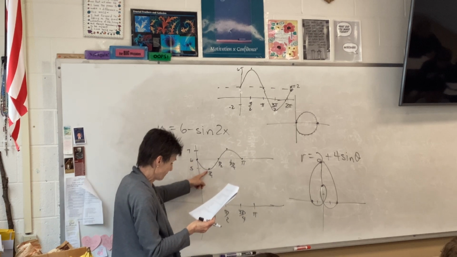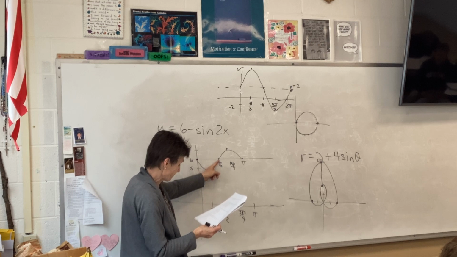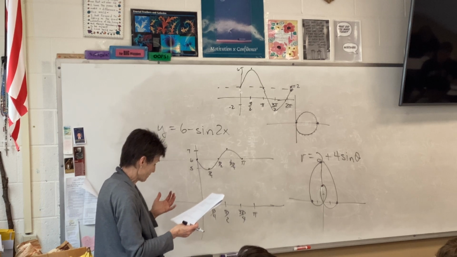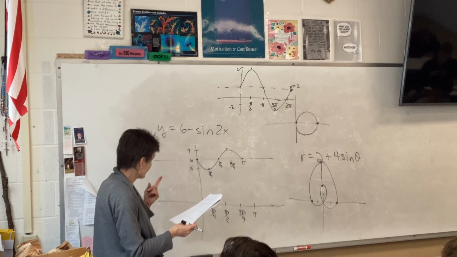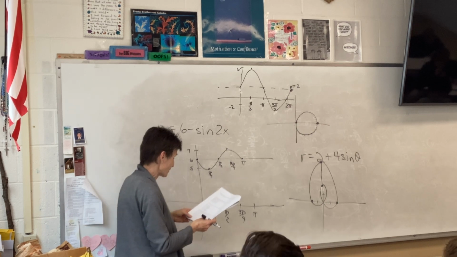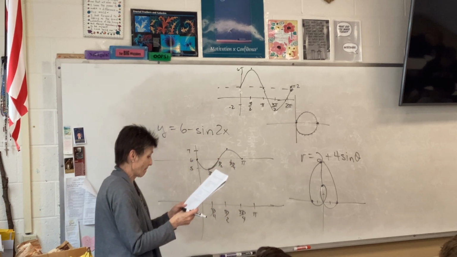Not in here. Pi over 4 to pi over 2, is it increasing? Yeah, I like that. Yep, so I would say B. Is that the only answer? Or C? Is that the only answer? Yeah, that's the only answer. Increasing on this little interval right here. Good.